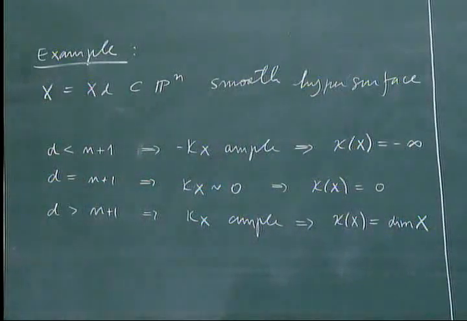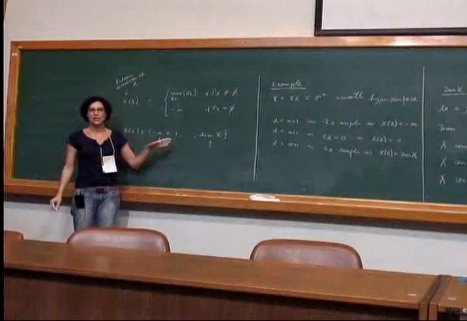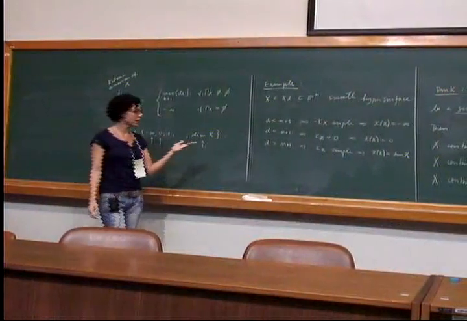So we've seen that these values for the Kodaira dimension occur. Now for the intermediate values, it's actually easy to construct examples.